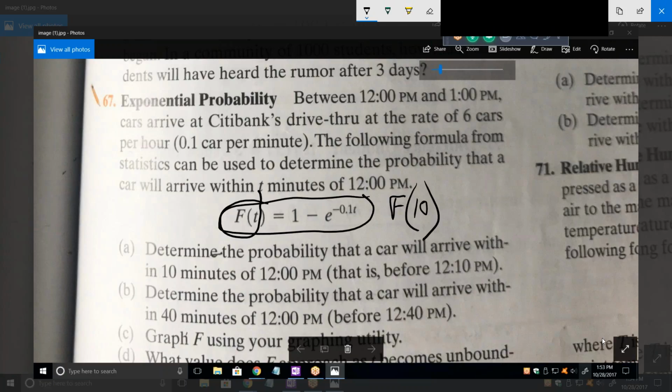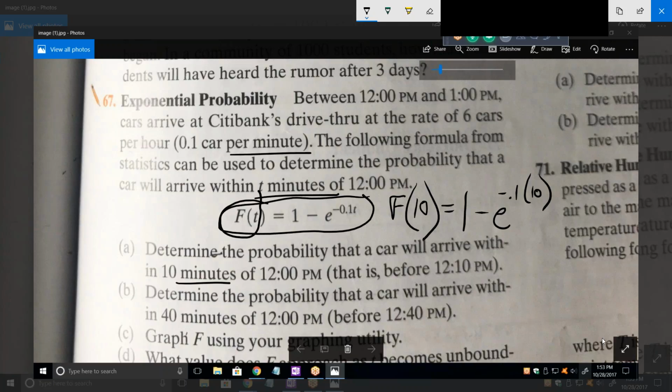Now, the only thing we have to be a little careful with here is to make sure that everything is in the same units. And it isn't always. But if we read through the problem, that's per minute, that's t minutes.